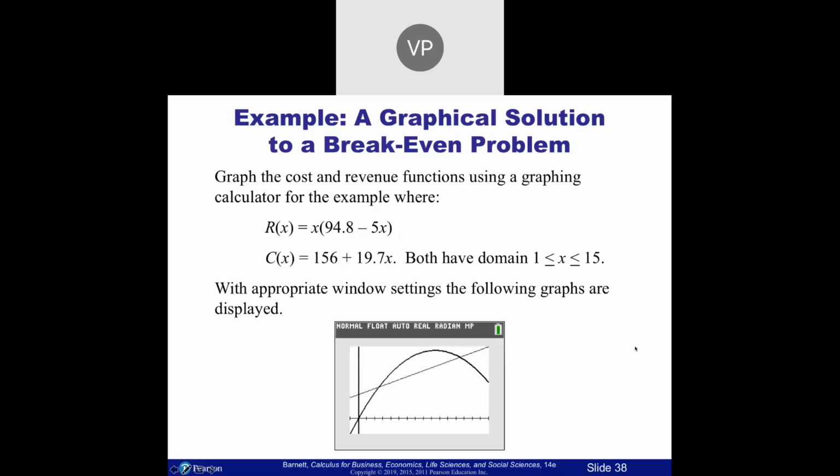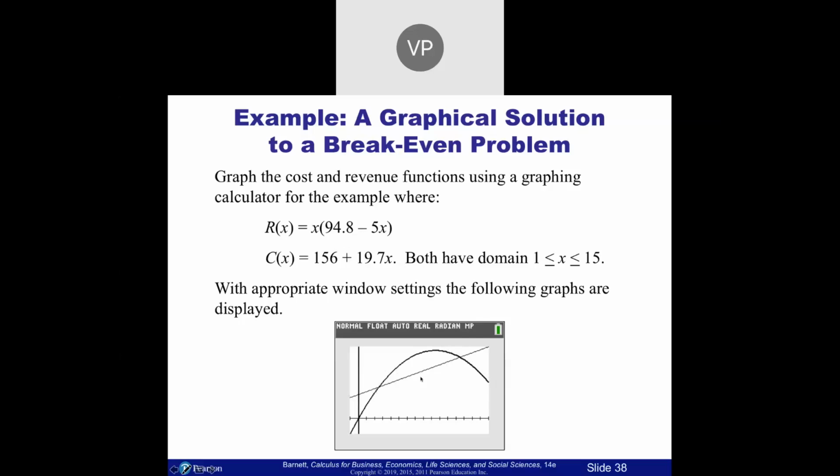And when you graph them, they look like this. So this is your cost. Remember, your cost goes up as you make more. Your revenue, like the peaches, is going to go up, up, up, then max out, and at some point go back down. So this is what's going on. So the break-evens, that's why there were two of them right here.